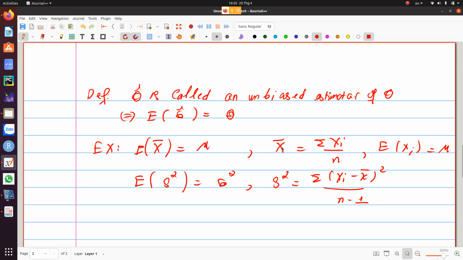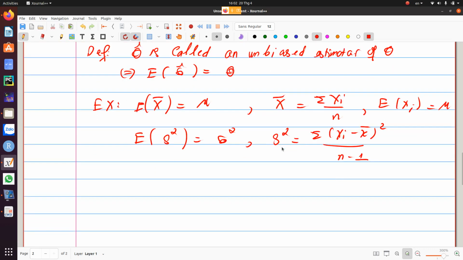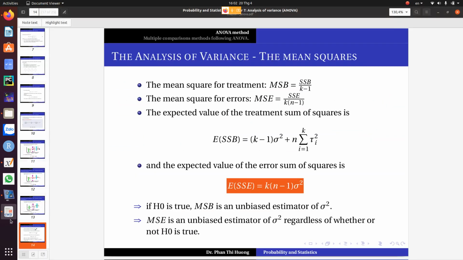This definition is important in our case, because returning to our slides, consider the first equation and the second equation.